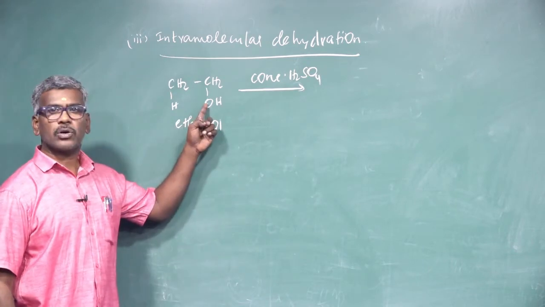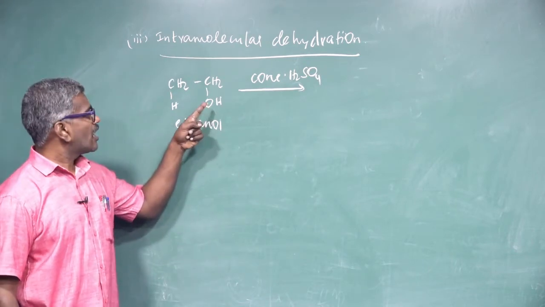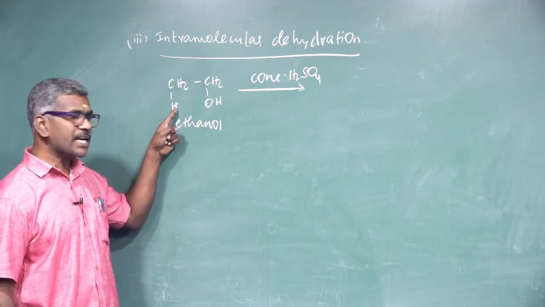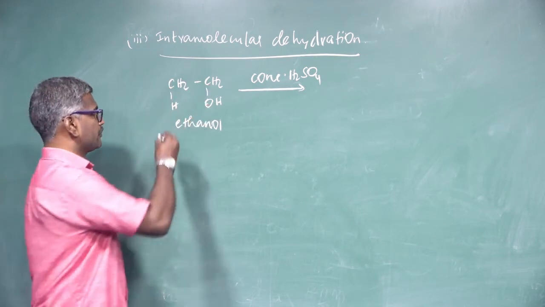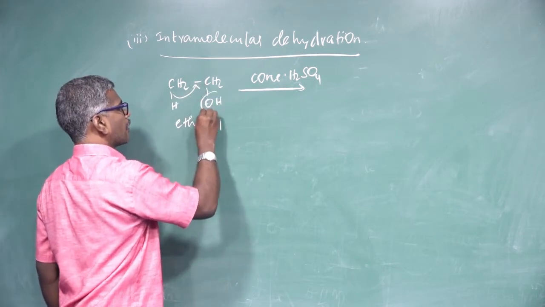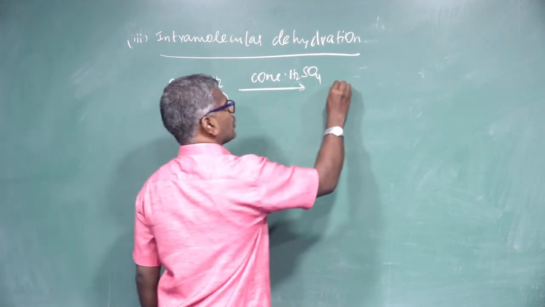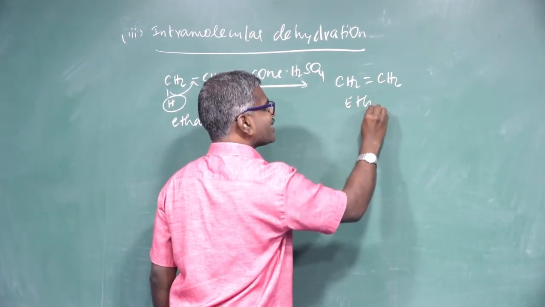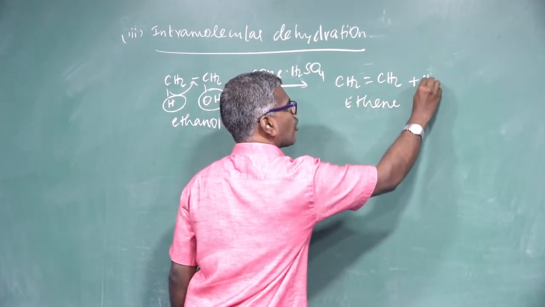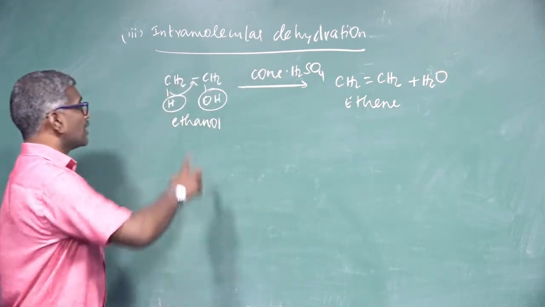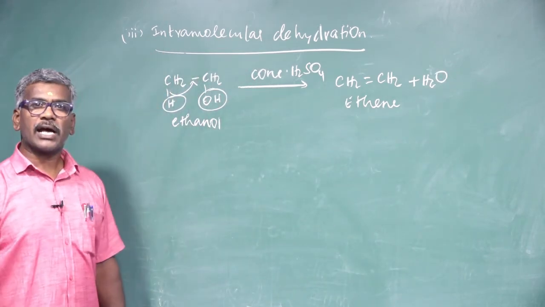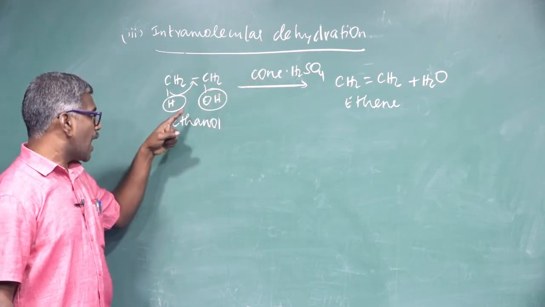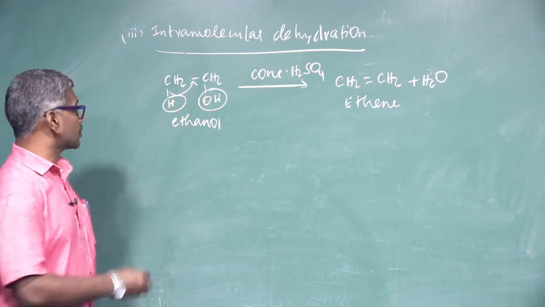This compound undergoes beta elimination. The carbon nearest the functional group is alpha, the next is beta. The beta hydrogen is removed by the OH group, forming an olefin, that is ethene, plus water. Intramolecular dehydration is nothing but removal of water within the molecule.